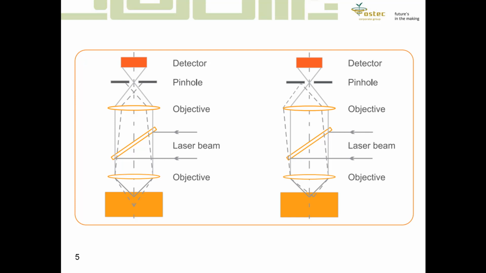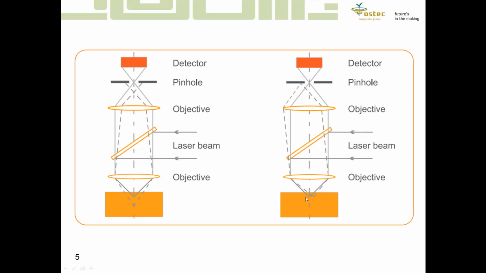As a result, the signal from the volume of the sample, not from the surface, comes to the pinhole as a defocused spot, and only the signal from the sample surface, where the objective is focused, goes to the pinhole without disturbance, and after the pinhole it can go to the detector.